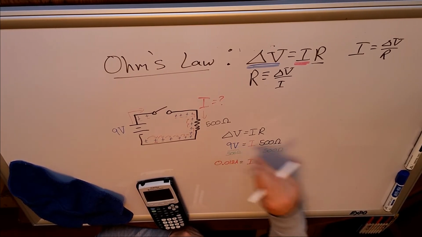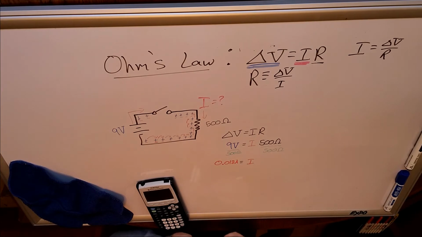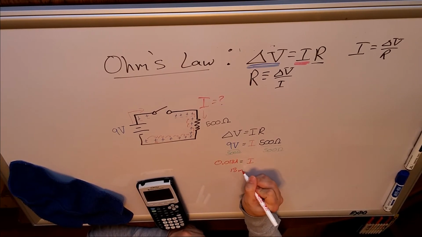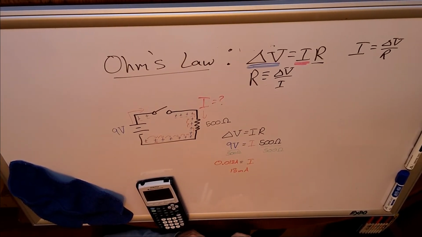We put SI in, volts and ohms, we will get SI out, which is an amp. Now, this is one way of writing it in the SI units, but we could also call this 18 milliamp. You will probably see a lot of milli showing up. And maybe even micro, depending on what the resistance is.